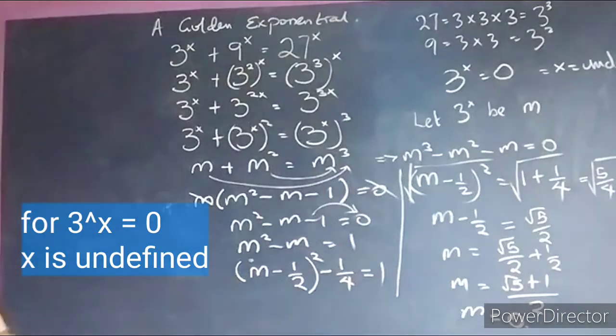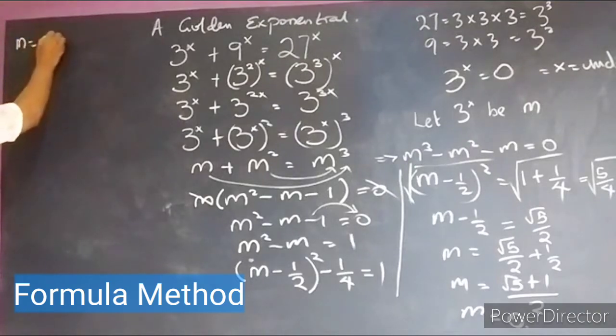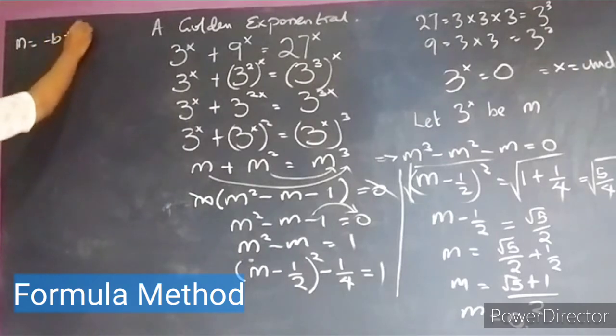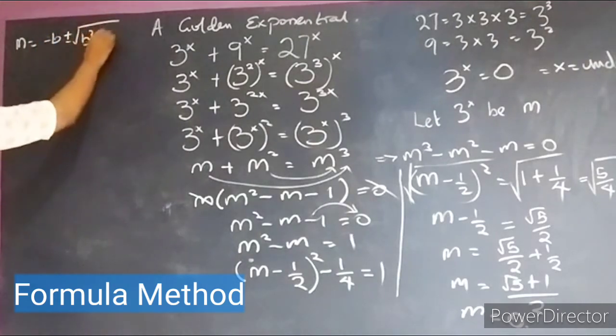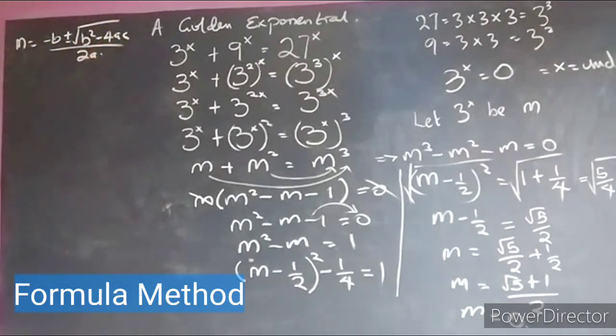So I'm going to try out the formula method. The formula method says m is equal to minus b plus or minus the square root of b squared minus 4ac, all over 2a.